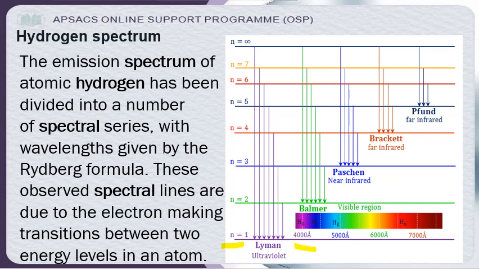So this is what you have to keep in your minds, that the amount of energy or the wave number or the wavelength observed in this region is in accordance with the ultraviolet category.